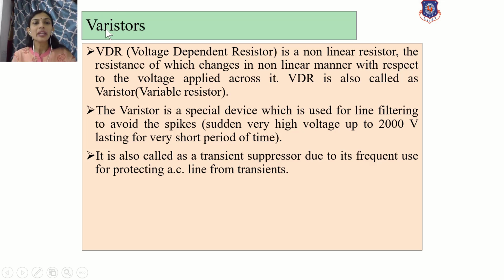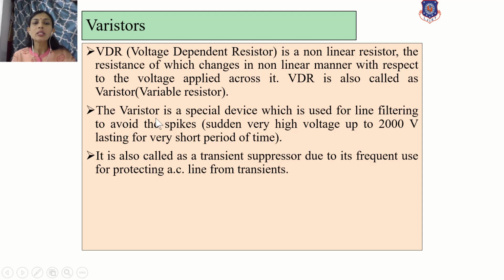So due to its frequent use for protecting the AC line from transients, that is one of the applications of the varistor. Now, what is the basic fundamental of the varistor? The varistor is a voltage dependent resistor, that is, a non-linear resistor component which depends only on the voltage applied across it.